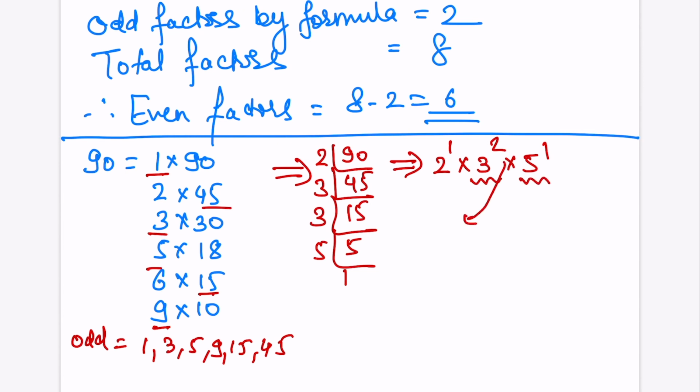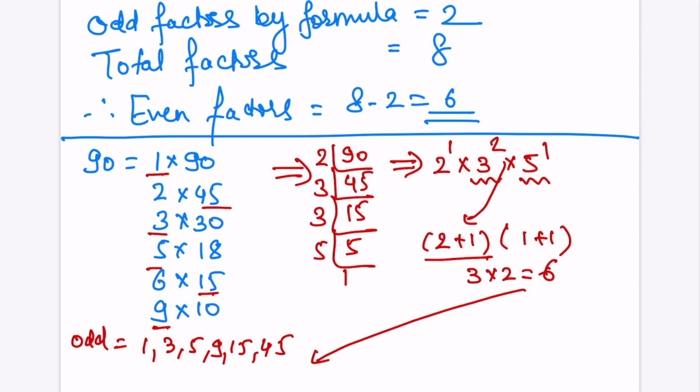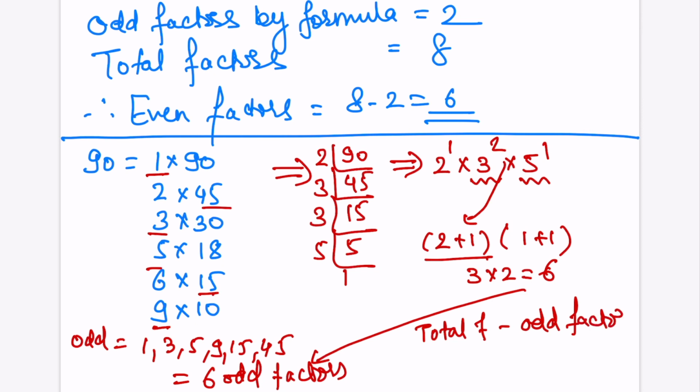So by formula, 2 plus 1 into 1 plus 1. 2 plus 1 is 3, 3 into 2 is equal to 6, which is correct. We have total 6 odd factors. Now by subtracting odd factors from total factors, we can get the even factors of any number.